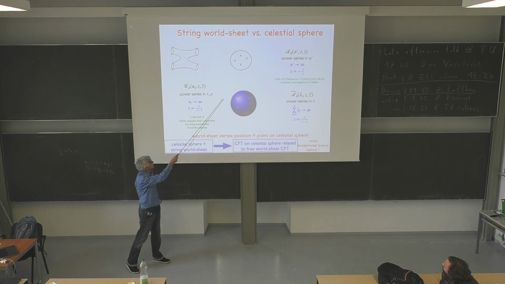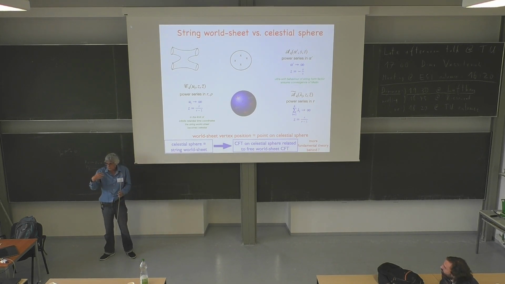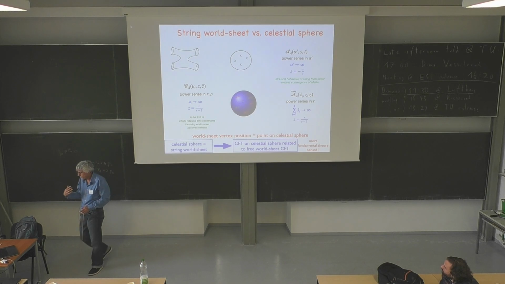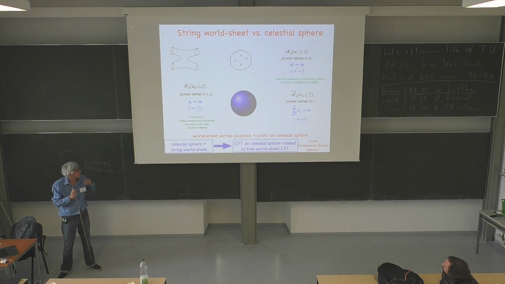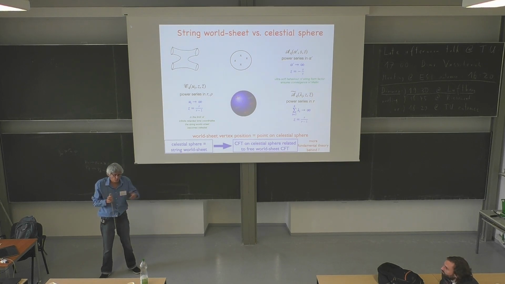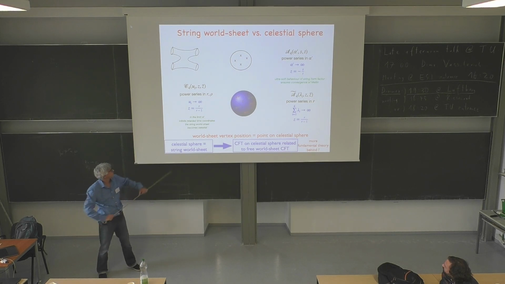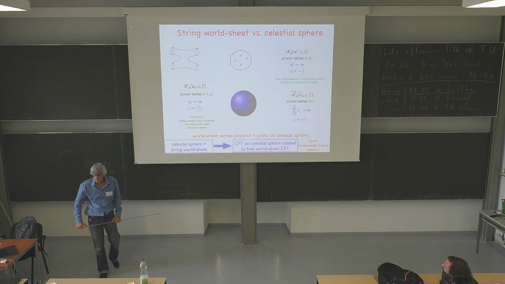In string theory you have vertex operator positions, and then they become points on the celestial sphere. But it might mean that there's something more fundamental when you go away from this high energy limit, that the celestial and Carrollian amplitudes might be embedded into some more fundamental theory, which could be string theory or something else. But I find this coincidence nice, that at least in this high energy limit, the celestial sphere becomes a string worldsheet.